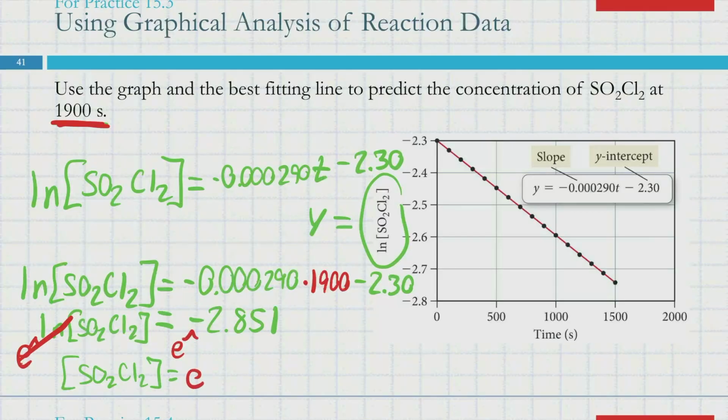And our concentration is going to be e raised to the minus 2.851. And it's concentration, so it'll be molar for units. So 0.0578 molar, something like that.